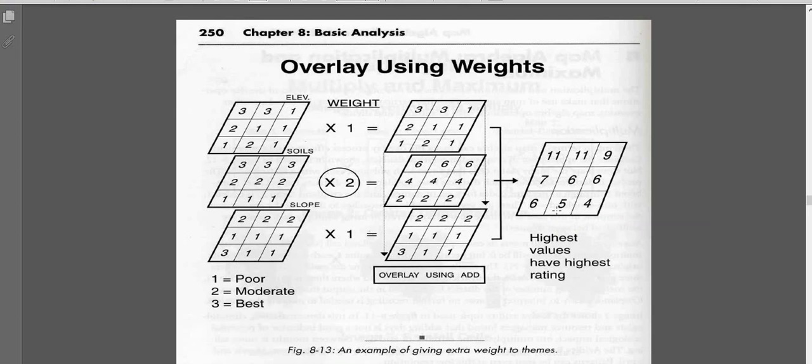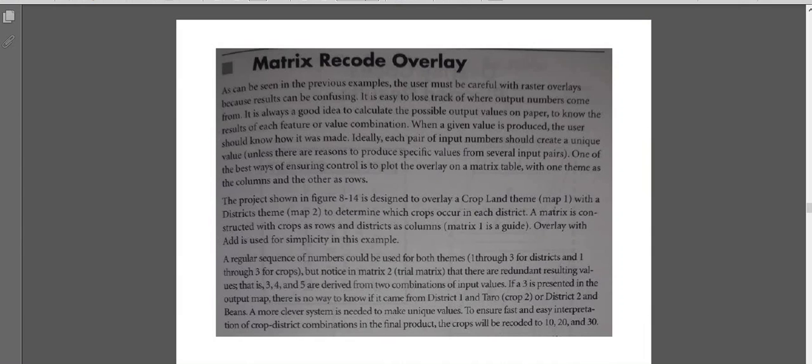So how these pixels are being multiplied and added and subtracted, this is mathematical modeling which we perform in the GIS or ERDAS imaging software. So there is matrix recode overlay also.